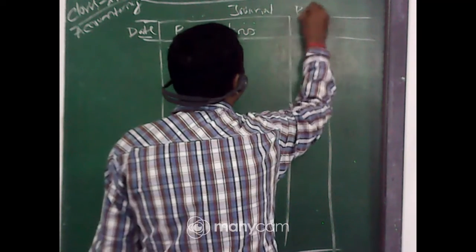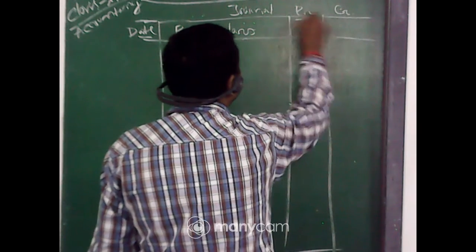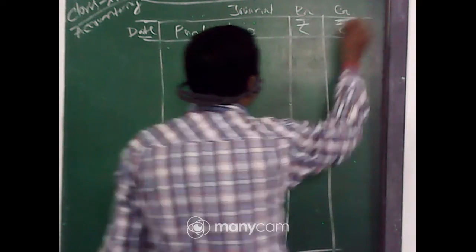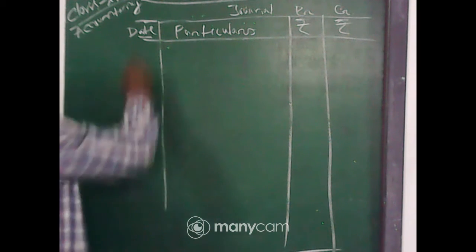Now this side is debit, and this side is credit. Now this is rupees and this is also rupees. Now first there is a serial number A.